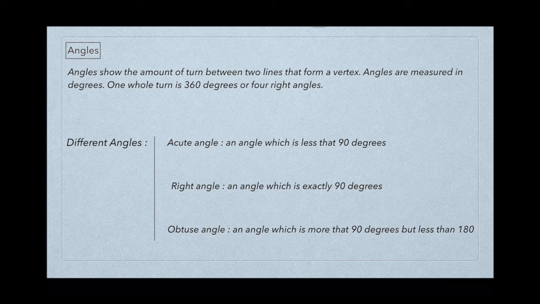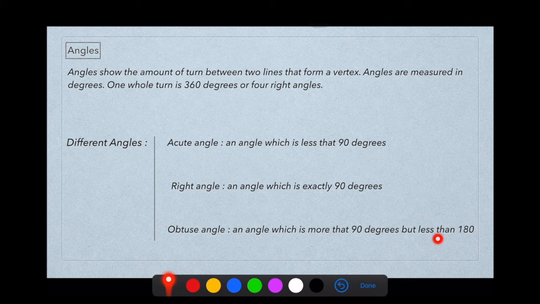Now, about this 180 degree angle, I didn't want to include this here because I will talk further about it in the last slide, but just to give you a clue, this 180 degree angle is called a straight angle. So we call it a straight angle. 180 degrees is a straight angle. So we're going to have acute angle, which means less than 90. The 90 degree itself is a right angle.